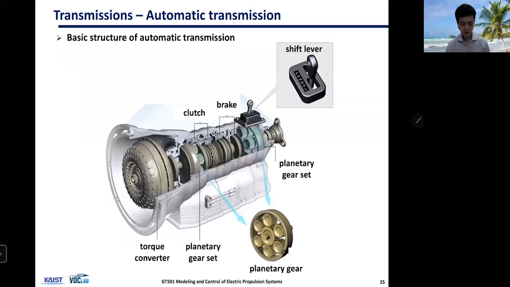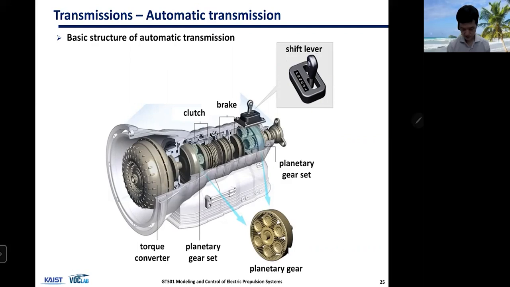So people came up with automatic transmission, where the transmission can shift itself with the shift logic. The way it's designed is more complicated, but it's actually quite a nice piece of mechanical device.